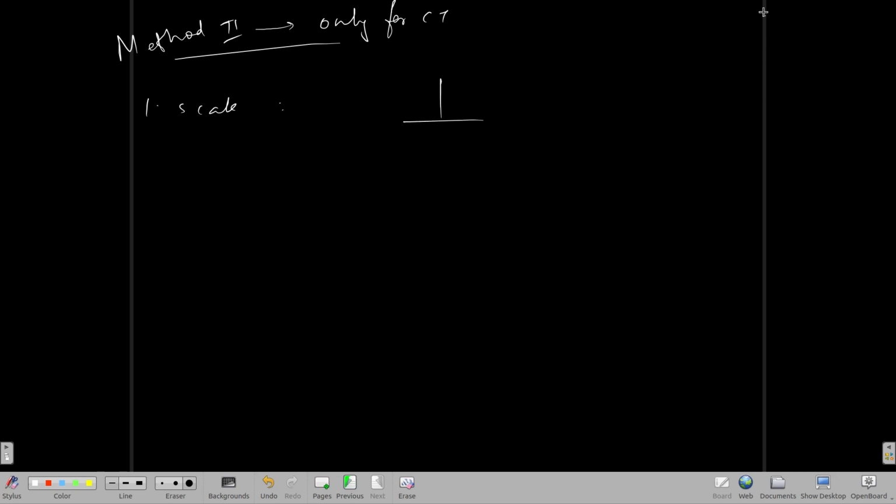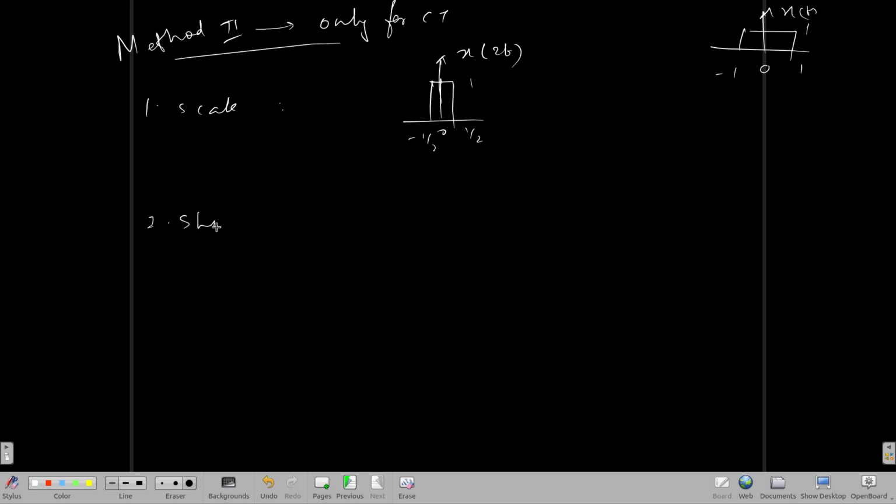So our original signal was minus 1, 0, 1, 1. This was our x of t, right? So your scaling means you are taking x of 2t. So what is happening? It will be from 0, minus 1 by 2, 1 by 2, and 1. Okay.